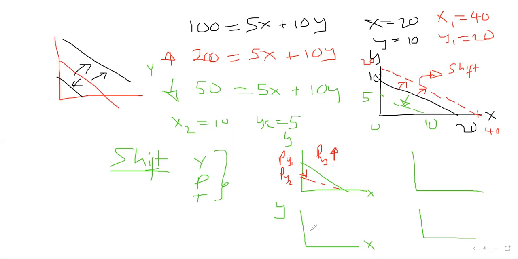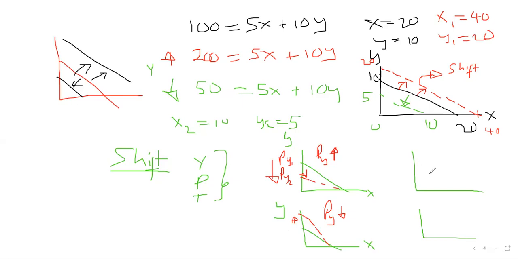If you hear that the particular product you are buying has become cheap, your tilt will be outwards, causing you to purchase more of that commodity. So this only happens if the price of good Y declines, meaning you're going to buy more of good Y.